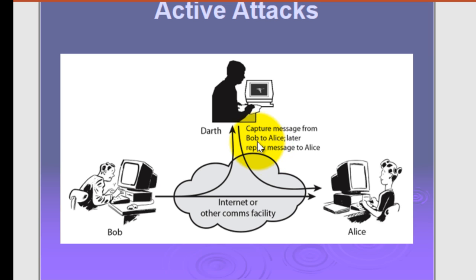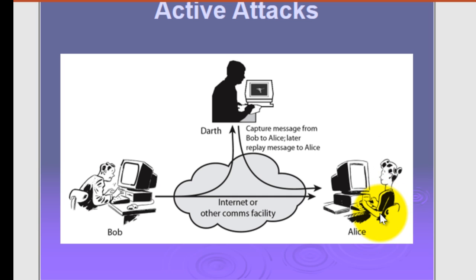And sometimes Darth, the attacker, will replay previous messages, already sent messages. Bob already sent some messages to Alice, and Darth will replay one of the previous messages to Alice. So Alice is confused about why she got the previous message.